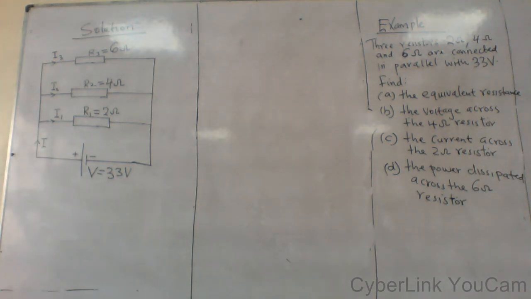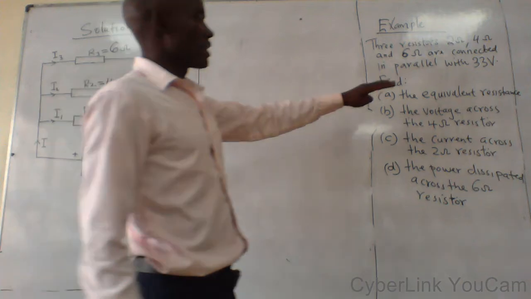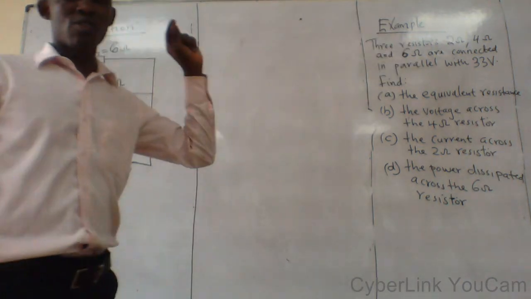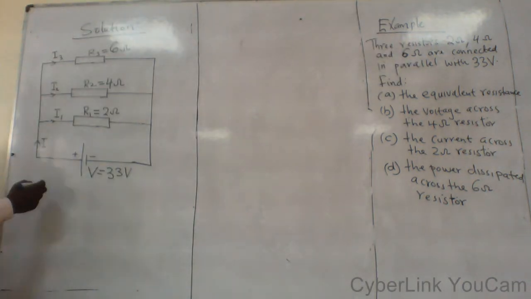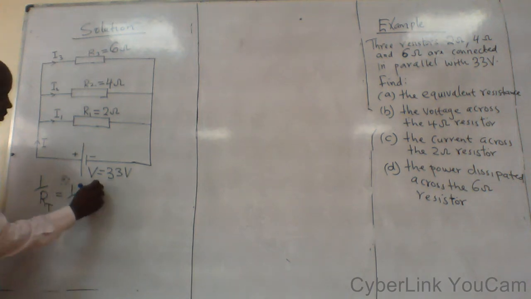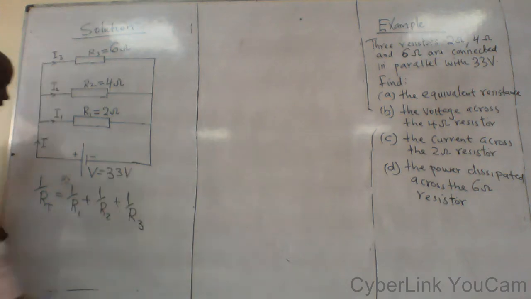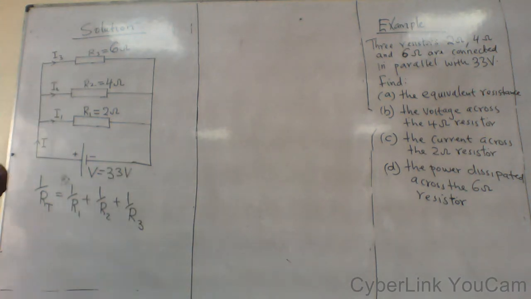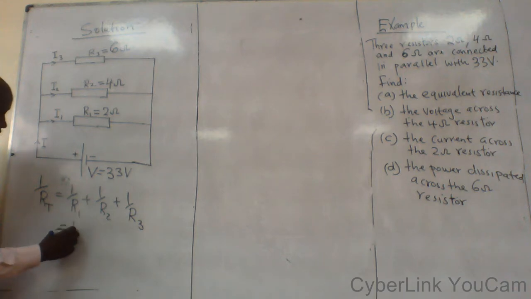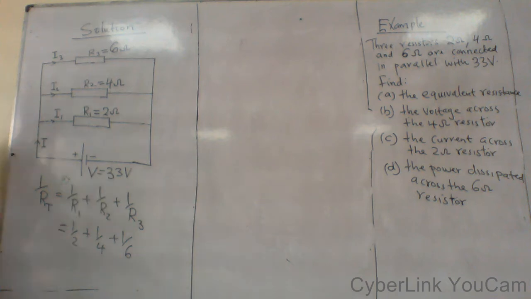If you want to solve such an example, you will begin with the total resistance. Equivalent resistance means the total resistance. So the formula will be 1 over R total equals 1 over R1 plus 1 over R2 plus 1 over R3. So this will be equal to 1 over 2 plus 1 over 4 plus 1 over 6.